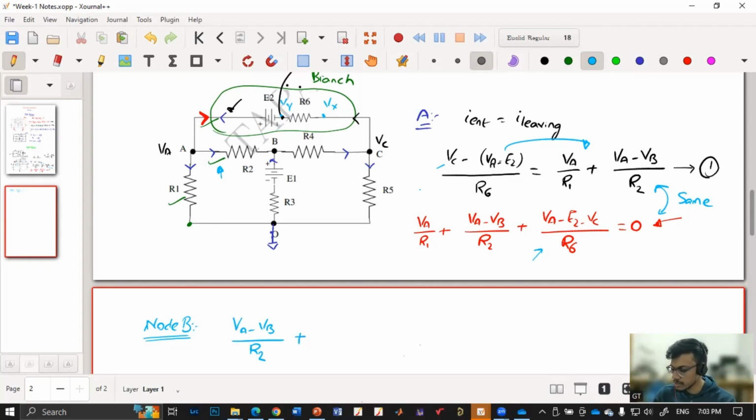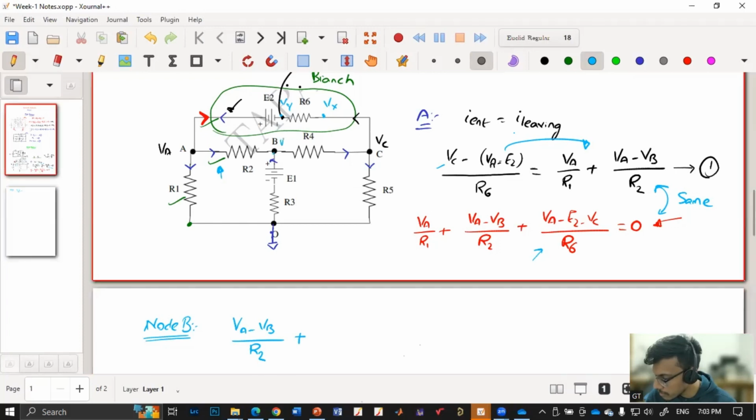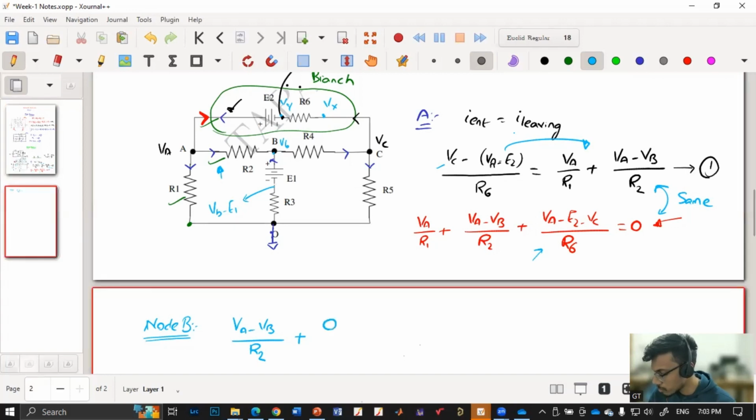in this path? Say this is VB. Minus VB by R2. So this terminal is VB. So this terminal will be VB minus E1. I have assumed that current is flowing from 0 to that potential. So it will be 0 minus VB minus E1 by R3.